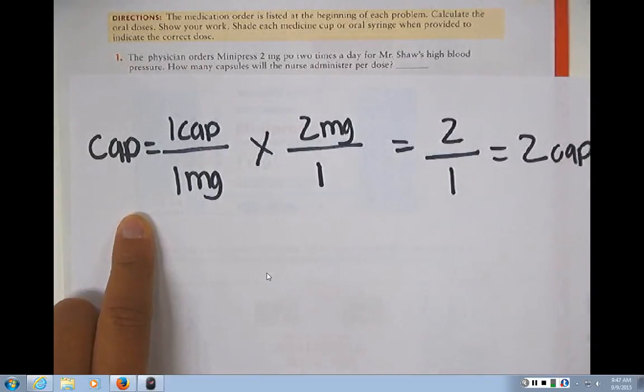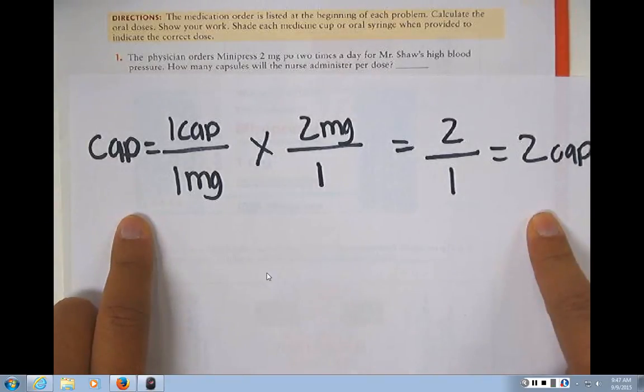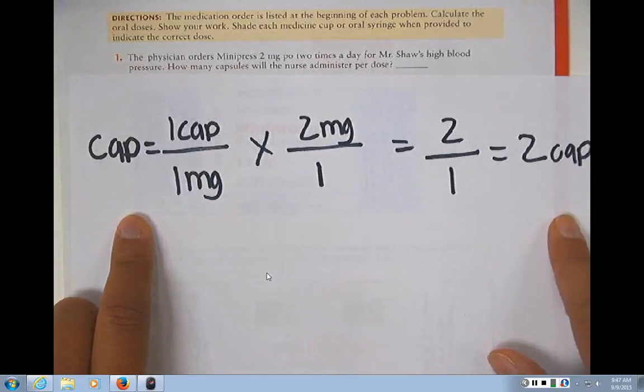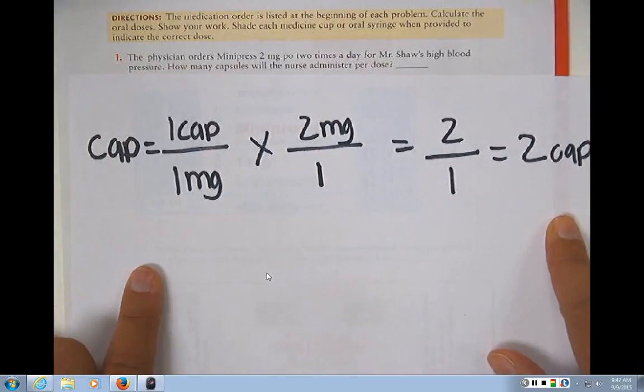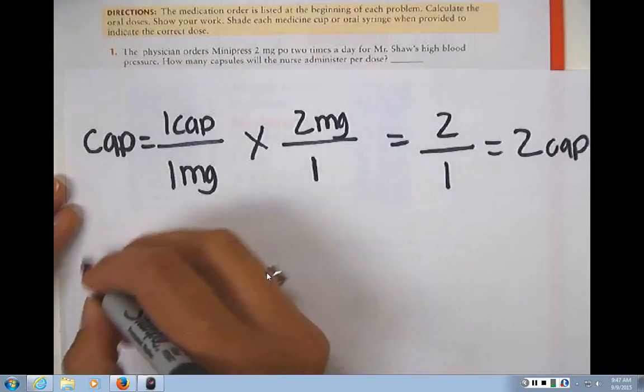Again, we knew that just by looking at the problem. This didn't require us to necessarily work out the equation, but I want you to see how simple it is to set this equation up for when you really need to, on problems where you can't just rattle off what you're going to give. Now, I will show you how to work this out as a proportion because I know your textbook shows you proportions. So as a proportion, we would set this up.